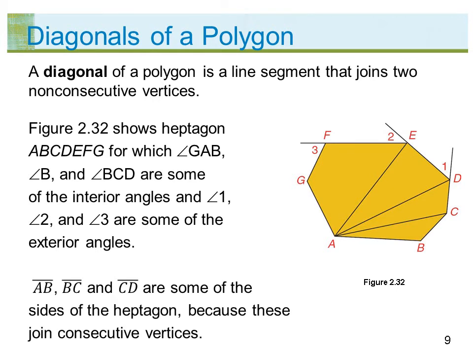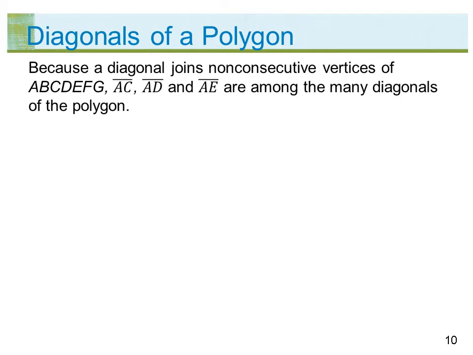Line segments AB, BC, and CD are some of the sides of the heptagon, because these join consecutive vertices. Because a diagonal joins non-consecutive vertices of ABCDEFG, line segments AC, AD, and AE are among the many diagonals of the polygon.